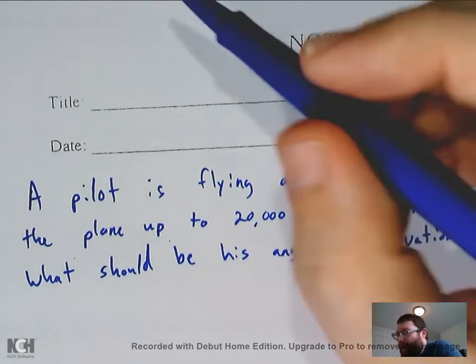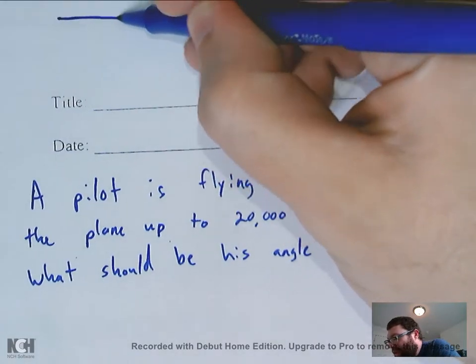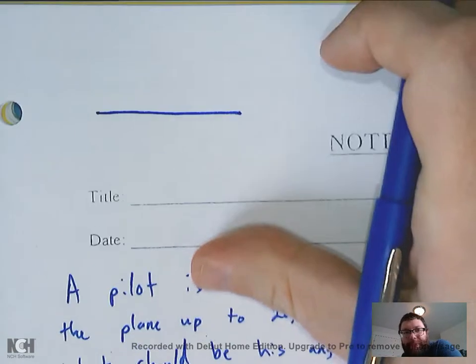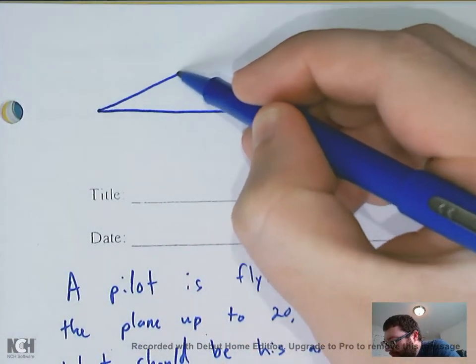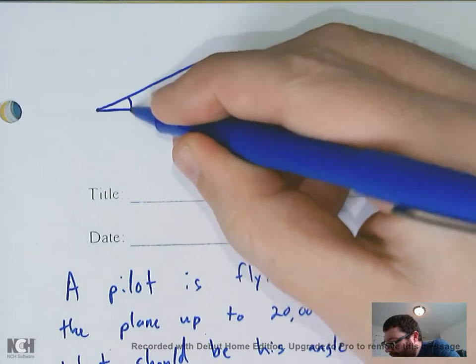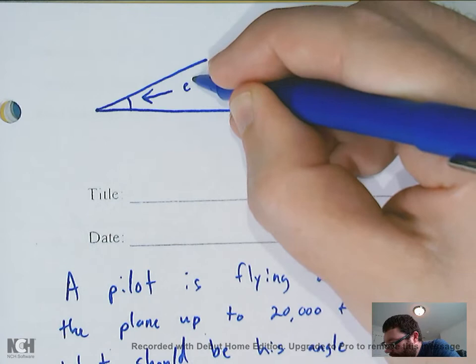Remember, when we talk about angles of elevation or depression, we're basically starting at a straight line. Elevation would be the angle coming up from a straight line. This is elevation.